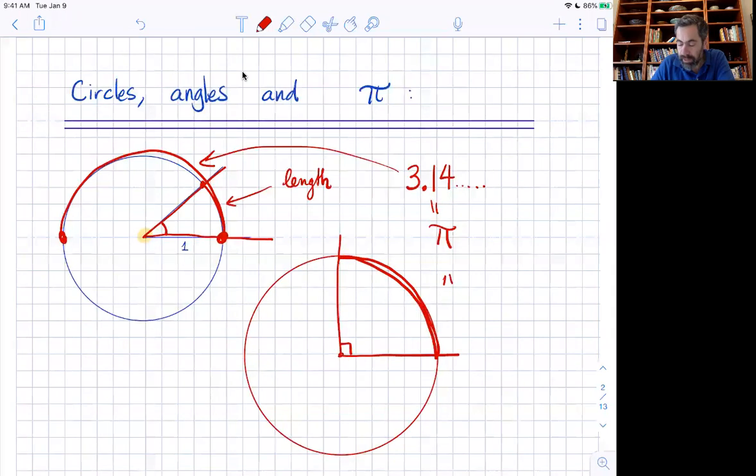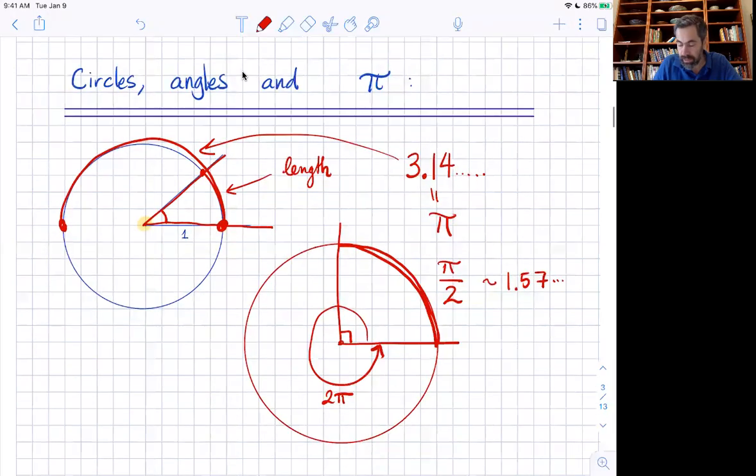So this should be pi over 2, which is roughly 1.57, and so on. For any angle, you can figure out the length of the arc that it subtends, and that's how we measure how big the angle is. If it went all the way around, that would be 2 pi, the full circumference of a circle with radius 1. So that's what we mean by pi, and that's how we measure the angle between 2 lines.